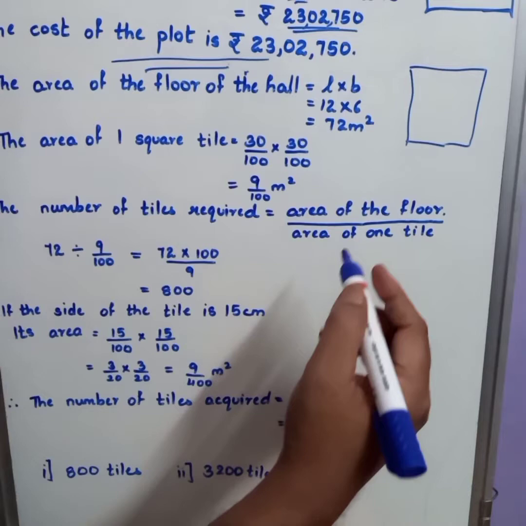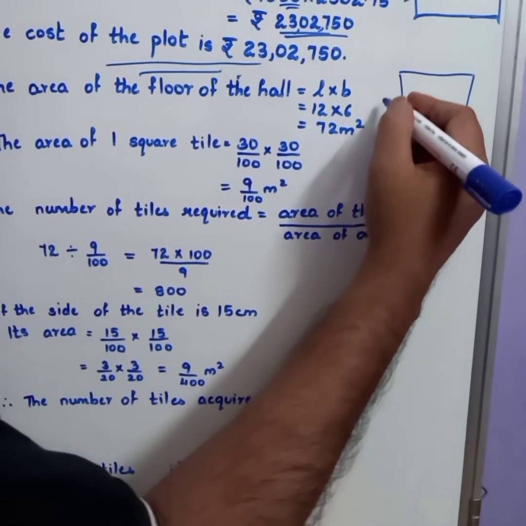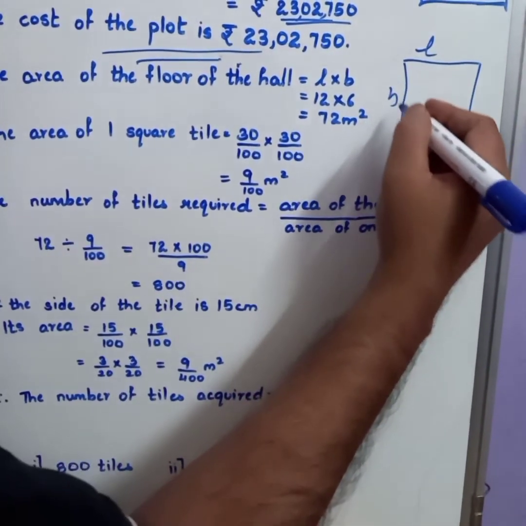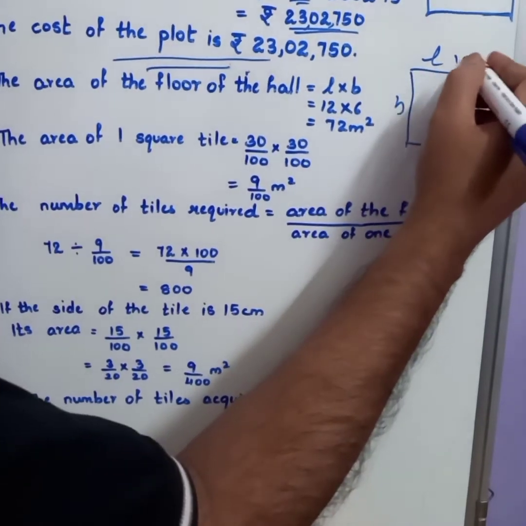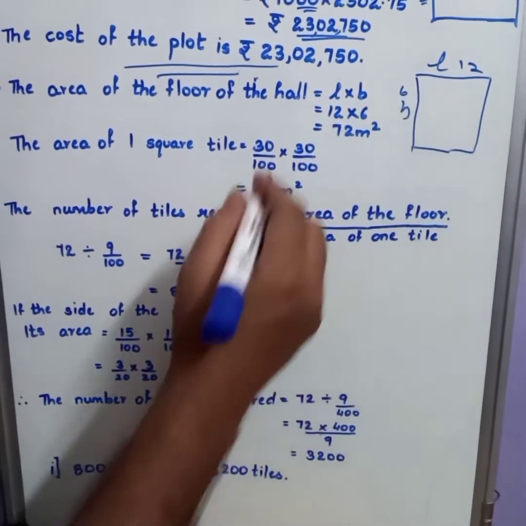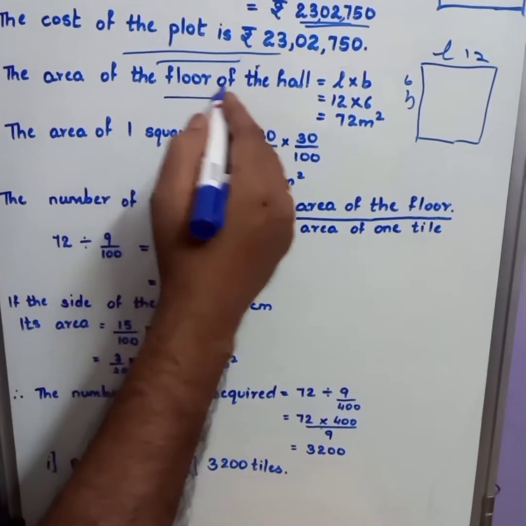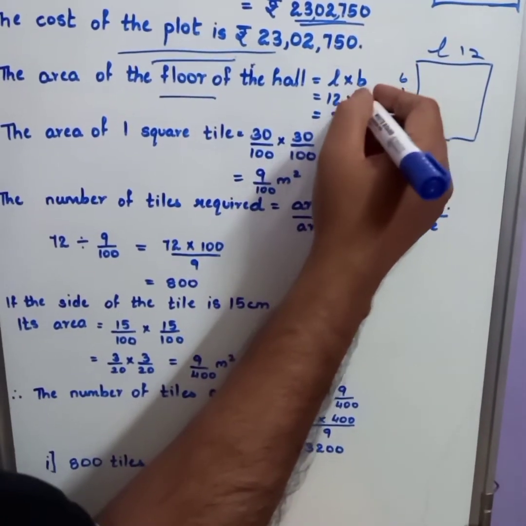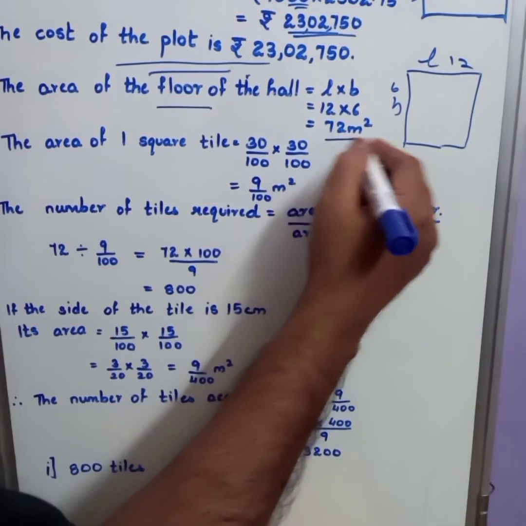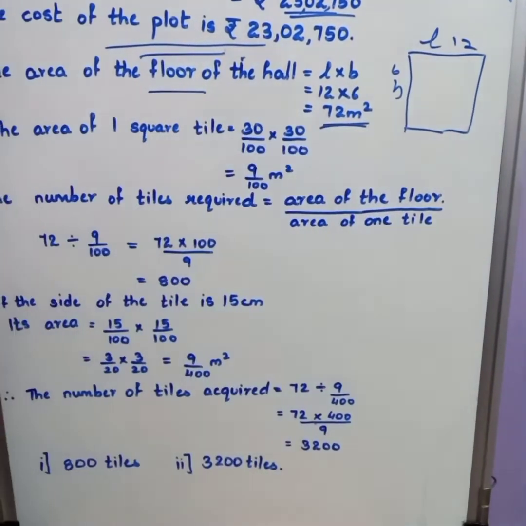It is in a rectangular shape, length 12 and breadth 6. So we multiply its length into breadth, that is 12 into 6, that comes up to 72 meters square.